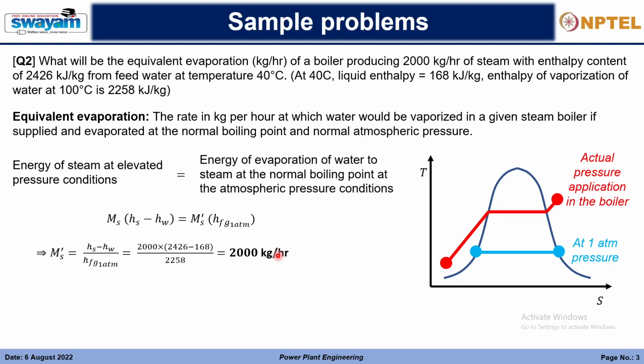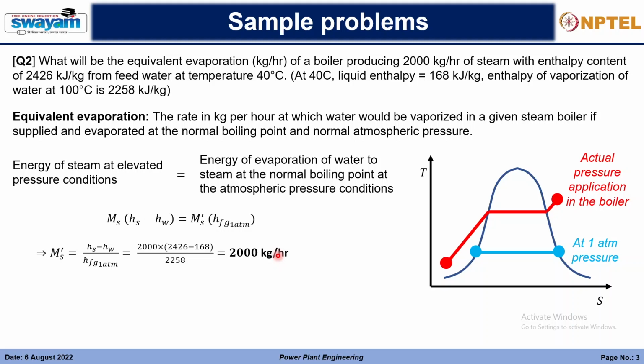Basically, this is a very hypothetical question. Normally you would see that the equivalent evaporation rate would be larger than the rate at which steam is being produced by the boiler, because the enthalpy difference between the steam and the water would be very high.